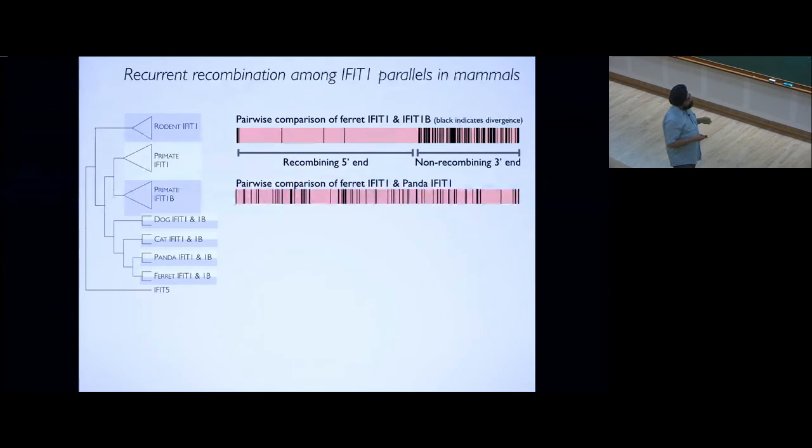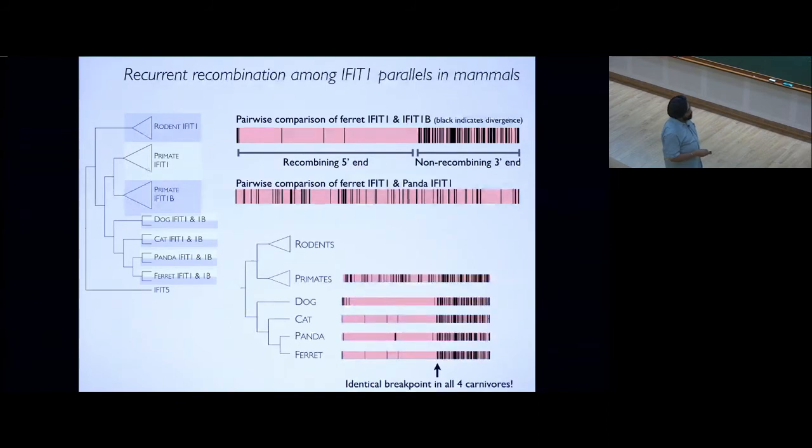And this is, by the way, true across many things. However, if you compare IFIT1 from ferrets to panda, you see differences all throughout, which means you have gene-specific recombination that is basically fooling your and everybody else's evolutionary inferences, because after all, this is relying on the two-thirds of the gene. That's the bulk of the signal, right? So what we realized was this recombination signal is actually true everywhere, except in primates.